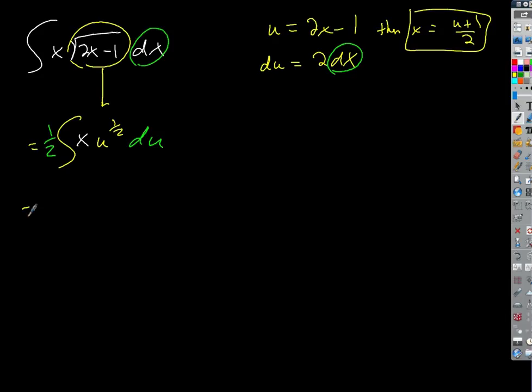And we end up with 1/2 times the integral of, I'm gonna put the u to the 1/2 out front, not that it really matters, times, let's pull the 1/2 out front, how about? So we get what out front then? 1/4, okay? Now I've got the square root of u times the quantity u plus 1 du.